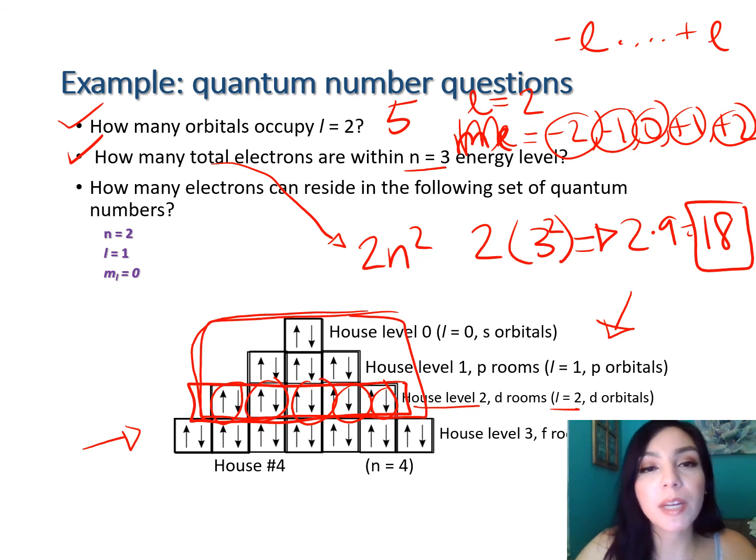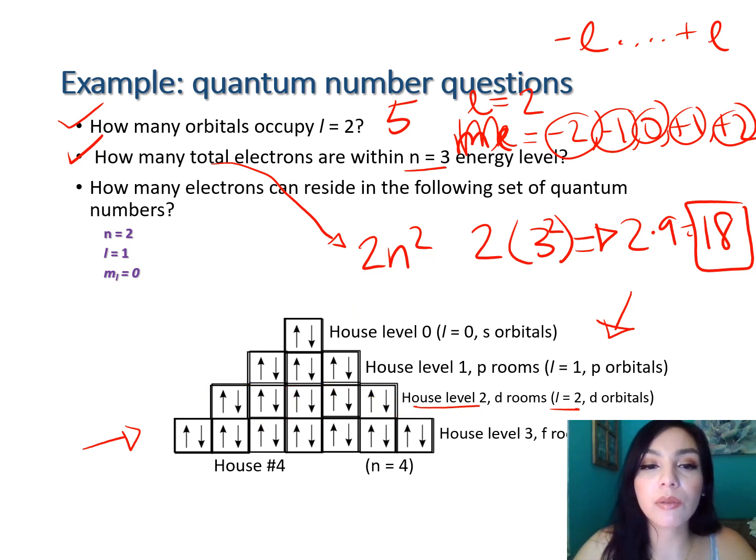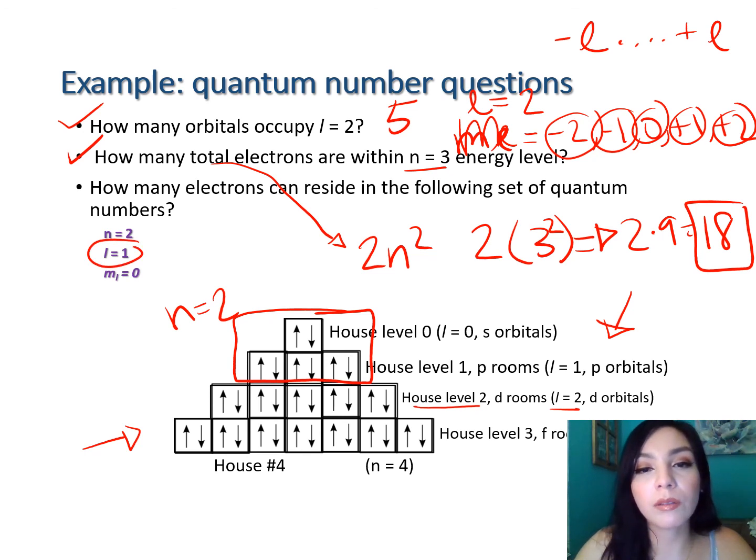And then finally: how many electrons can reside in the following set of quantum numbers? We have n equals 2. Again, we can block off the same house if we need to. n equals 2 has 2 possible levels, and specifically, we're looking at L equals 1, so we're looking at this level.